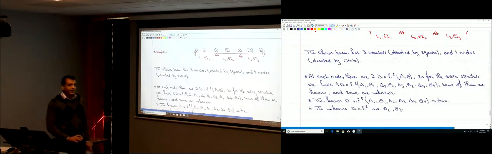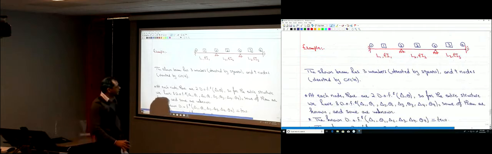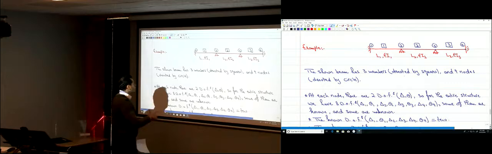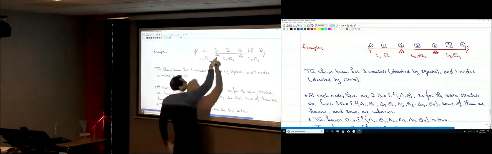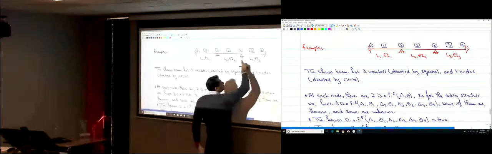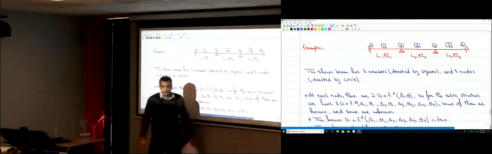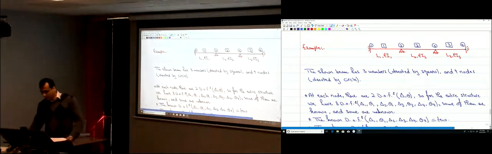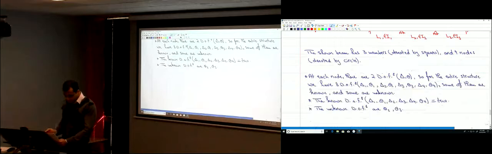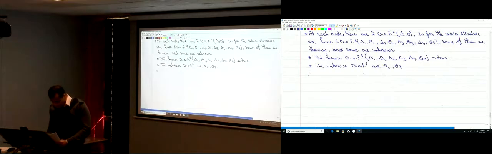So, since we have those 8 degrees of freedom, we can have 8 forces. Force and the moment here, force and the moment here, force and the moment here, force and the moment. So, the number of the forces is equal to the number of the degrees of freedom. So, similarly, we have 8 forces.